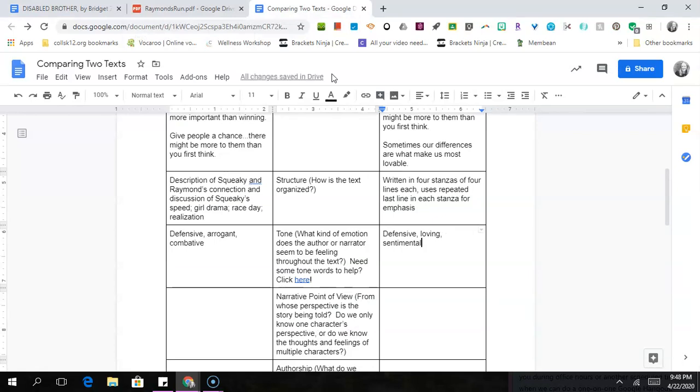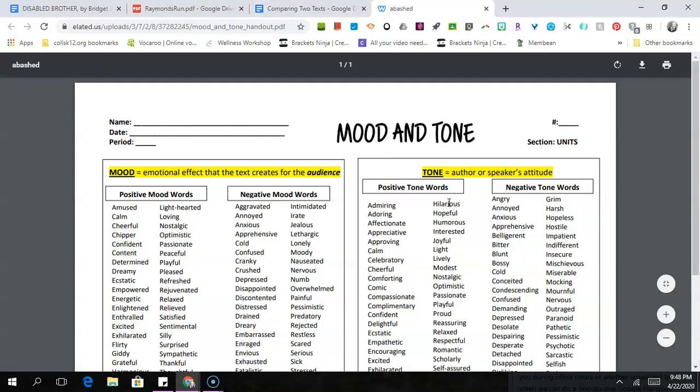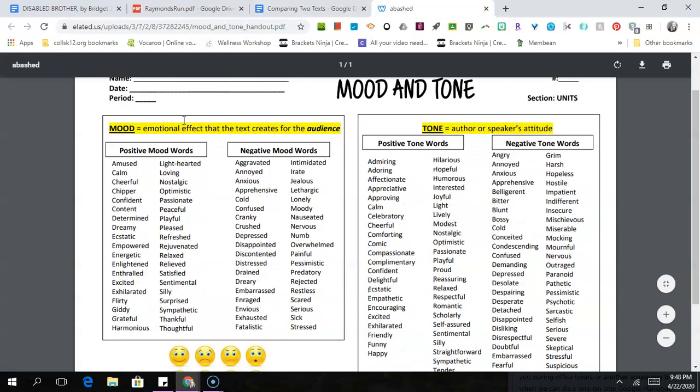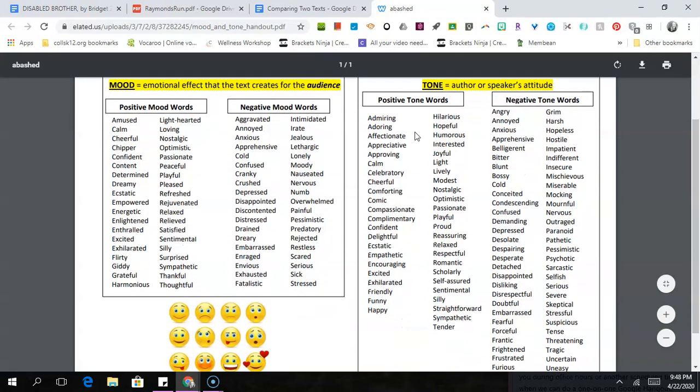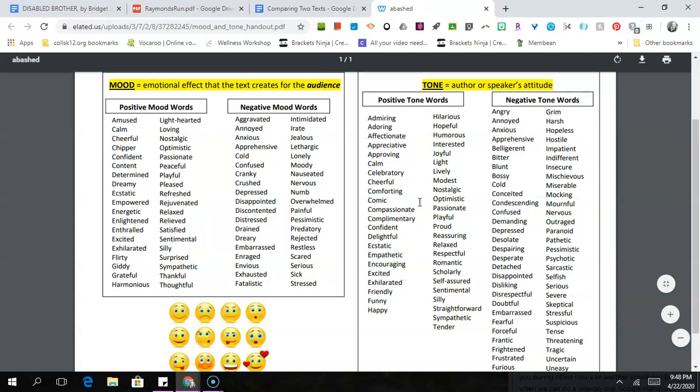Now, if you're struggling to come up with tone words, I put a link in here for you, and it gives you basically a list of common words used for mood and tone, and there's lots of them. So you'll see over here are mood words, over here are tone words, and it gives you a list of positive and negative. Now, you're not just going to pick anything on this list. These words don't all mean the same things, but they're all relatively positive.